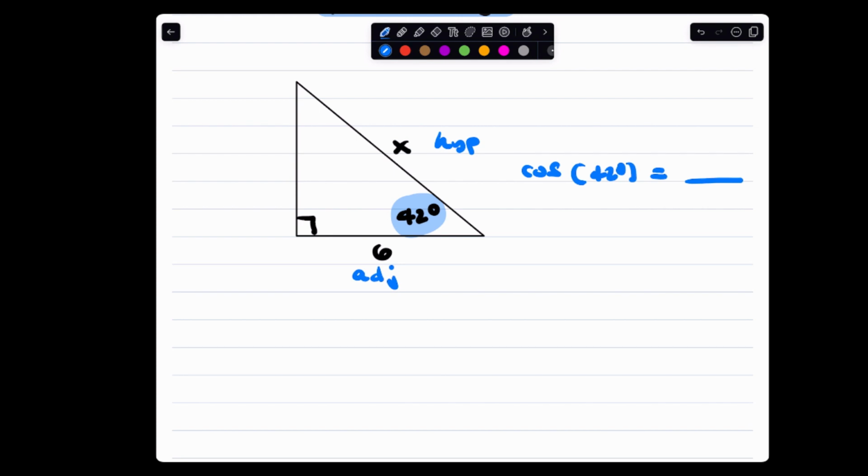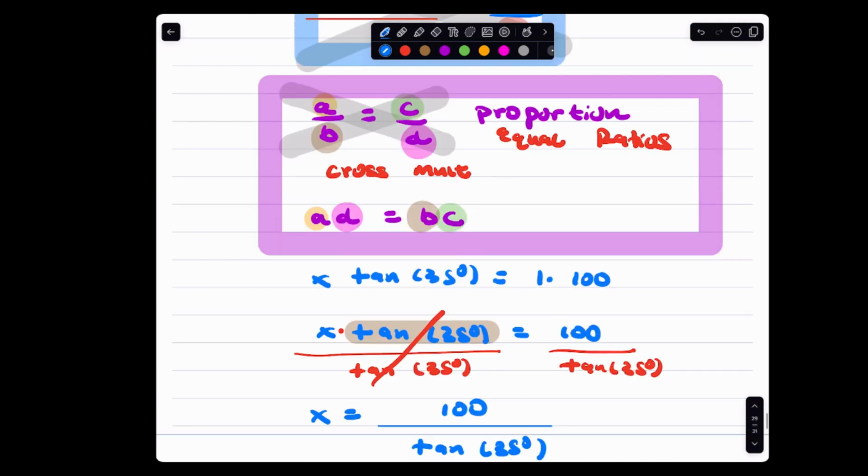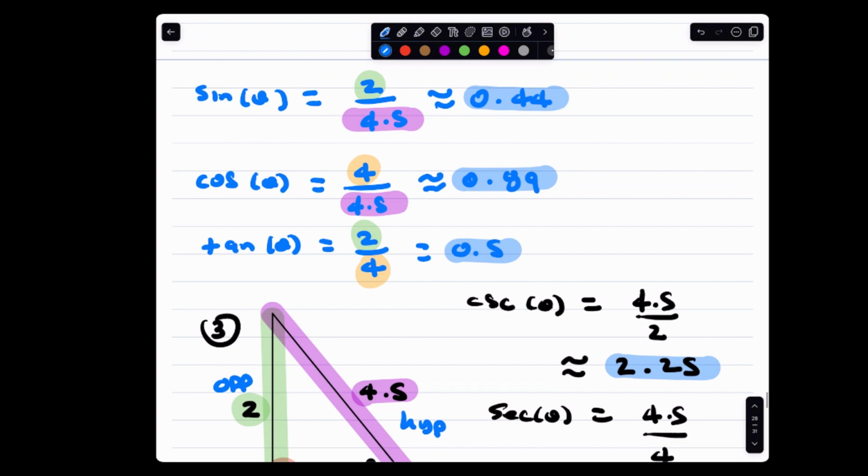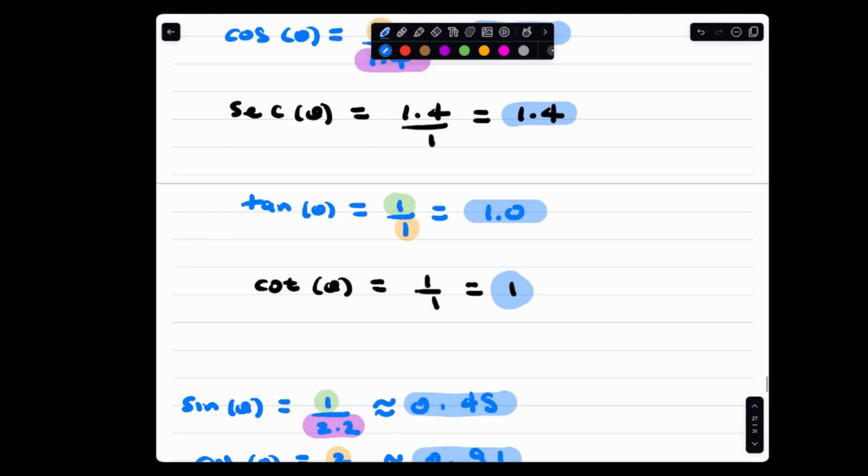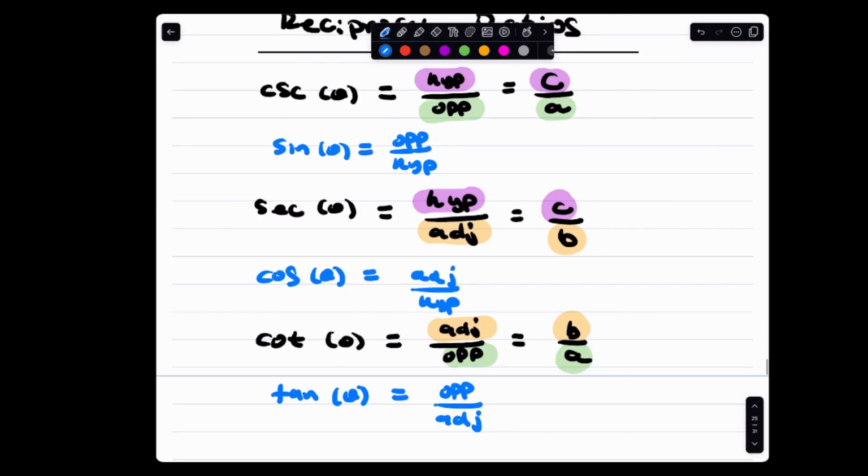So that's 6 over x. Okay, I do have a little. Yes. Why cosine instead of the other ones, like sine or tangent? Ah, because you've got to know your definitions. See this?